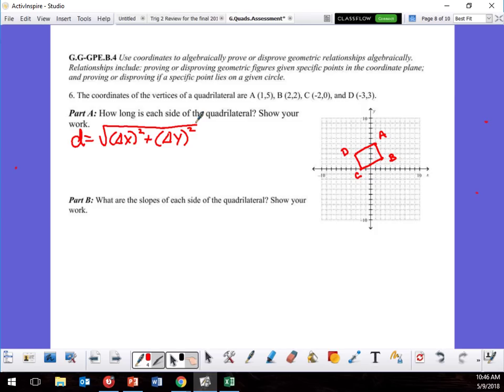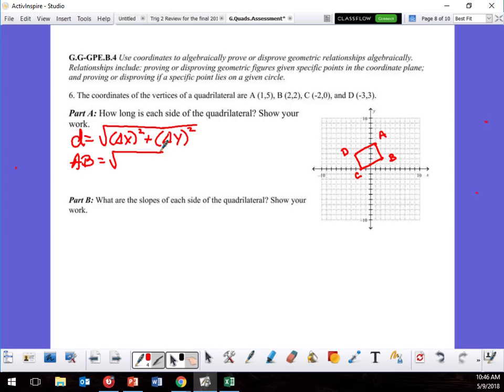So let's start with A to B. AB. That's going to give me the square root of, now since I have this on my graph, we're going to count using delta to see how far they're apart.